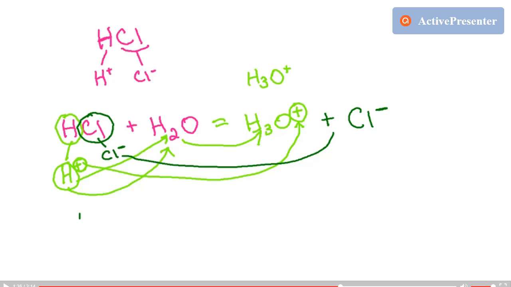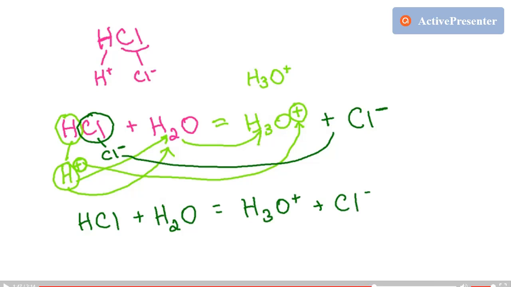So see, when you add HCl to water, you end up getting hydronium and chloride. And see, these two are ions because they have a charge. So this means that it's going to be a strong acid.